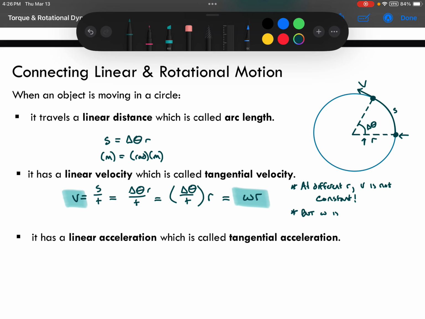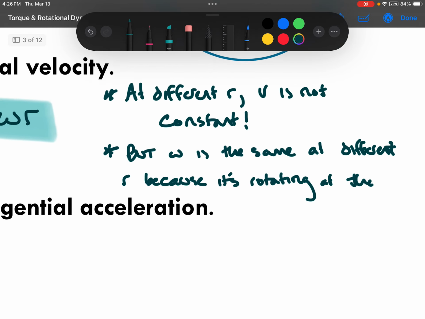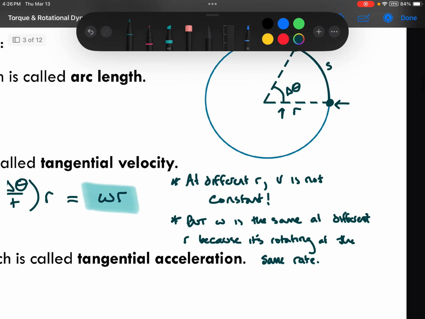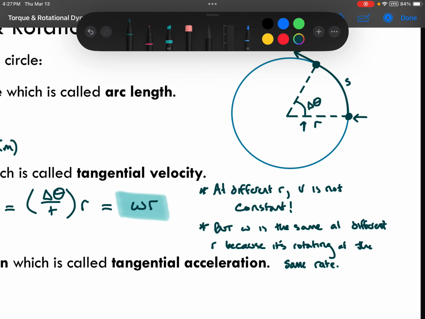I'll say omega is the same at different r, because it's rotating at the same rate. All right, so the tangential velocity does depend on the radius. The angular velocity does not depend on the radius.